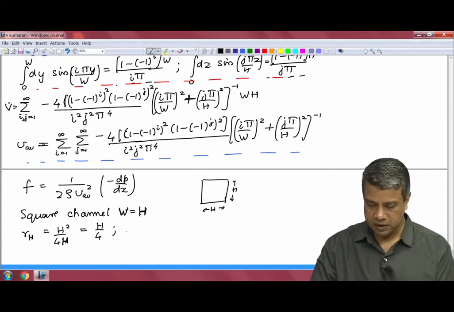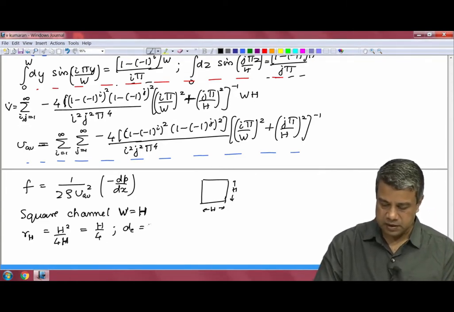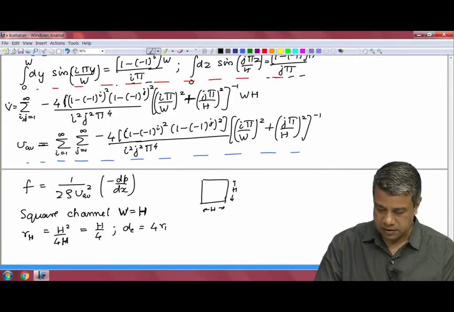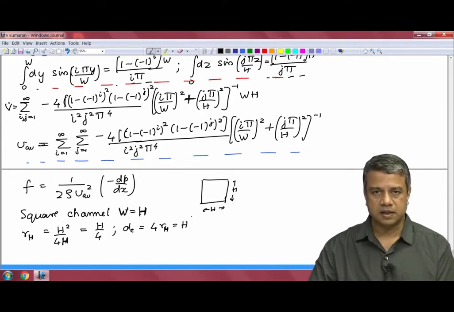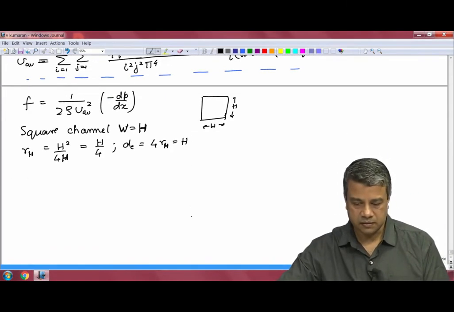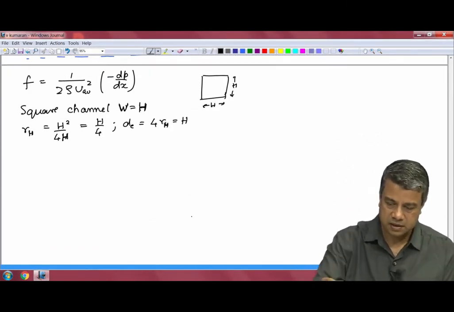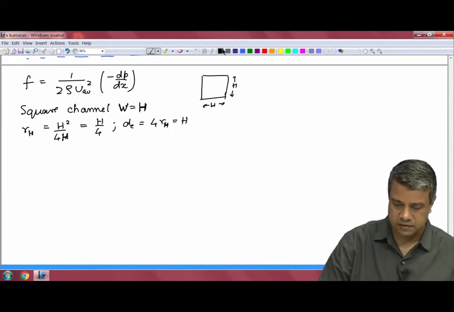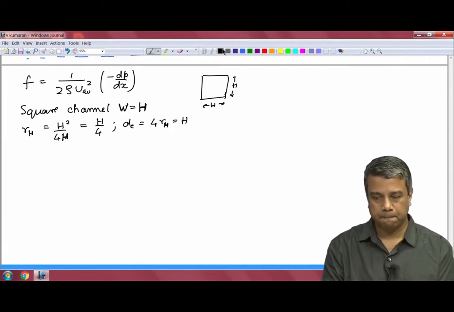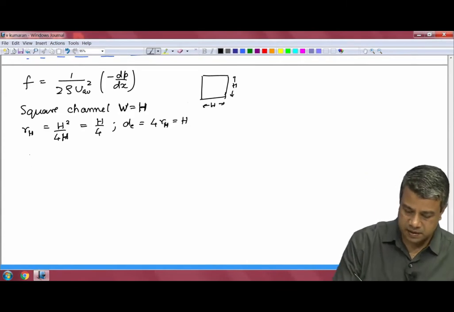And the equivalent diameter is equal to 4 times RH, which is the same as the side of this square channel. So, I can scale it by H itself.